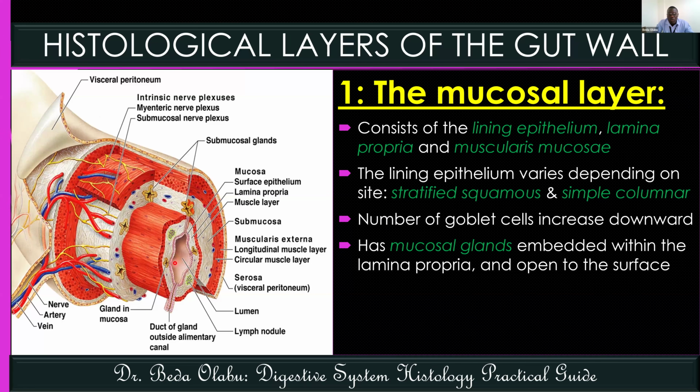Take note that they open into the lumen. They may have a number of secretions depending on which region of the alimentary canal you're talking about. For example, the ones in the stomach produce gastric juice. The ones of the intestines produce intestinal fluid or intestinal juice.